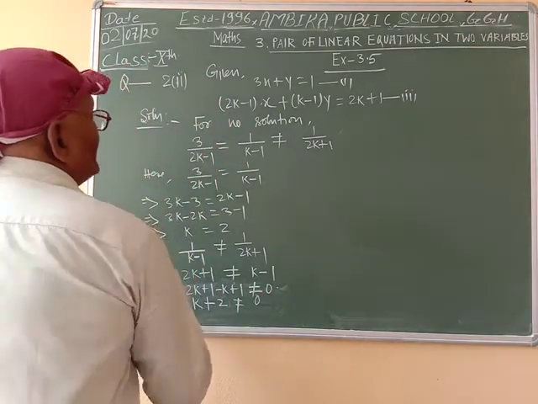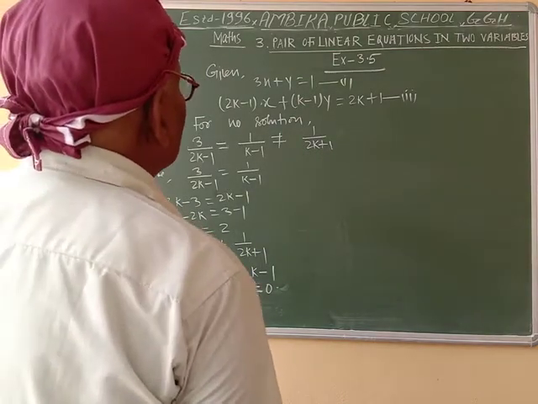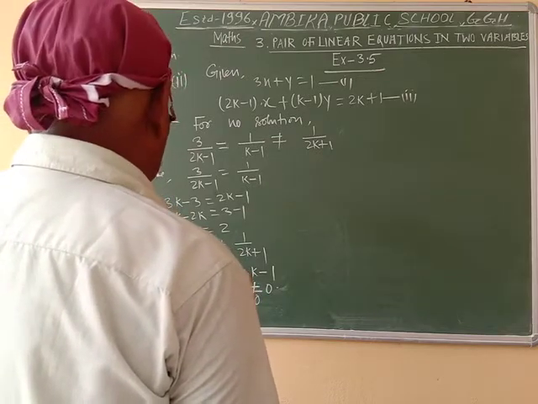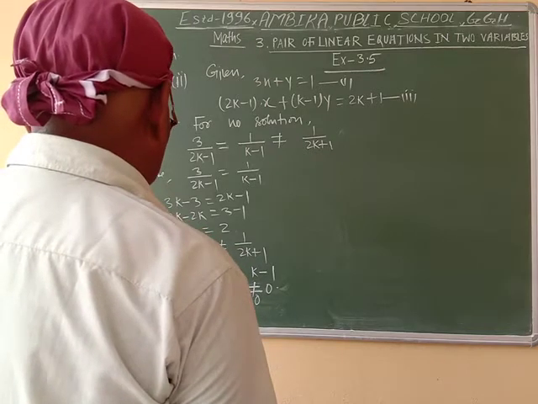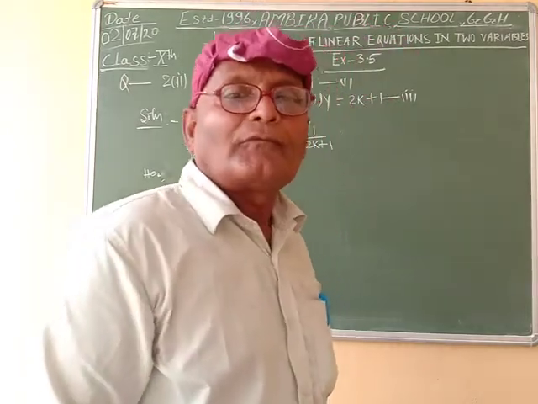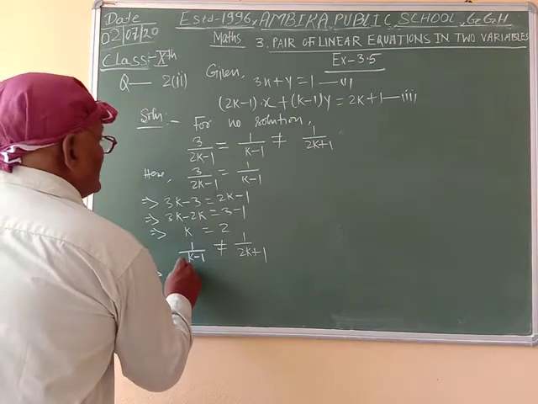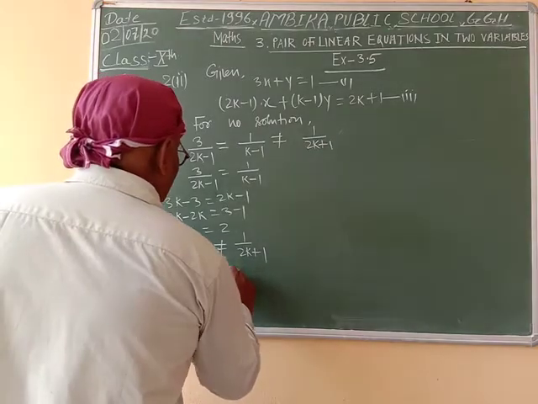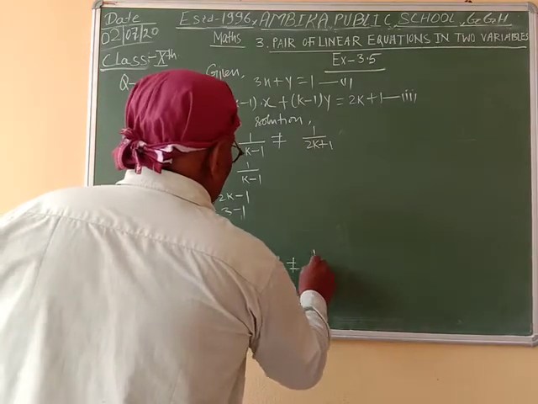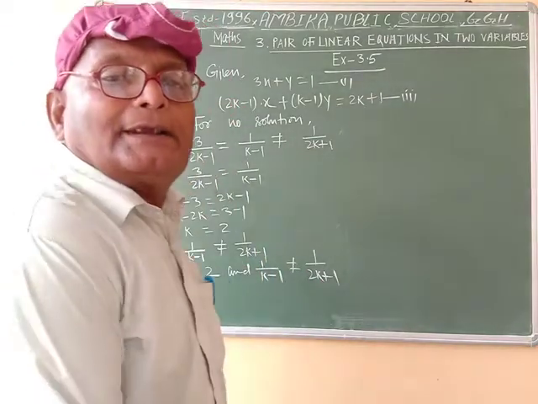Here k is equal to 2 and 1 by k minus 1 is not equal to 1 by 2k plus 1, clearly.